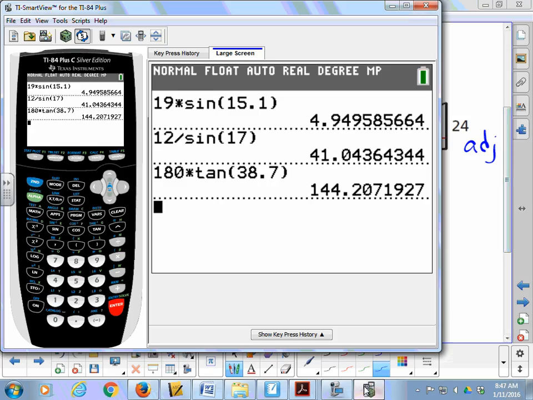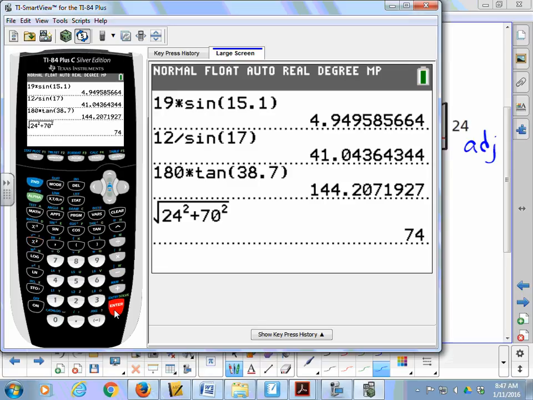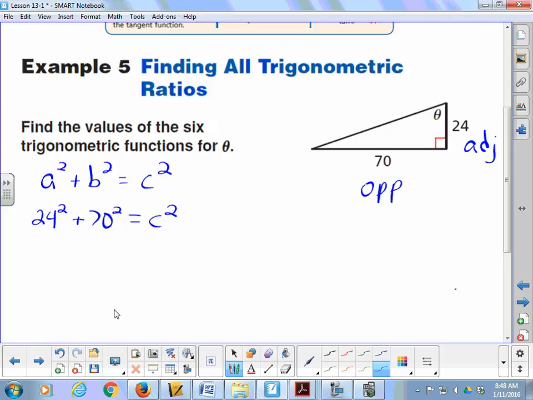So take our calculator, do the square root of 24 squared plus 70 squared. Make sure you square them separately, not together. Okay. All right, so we get 74. And that's our hypotenuse.